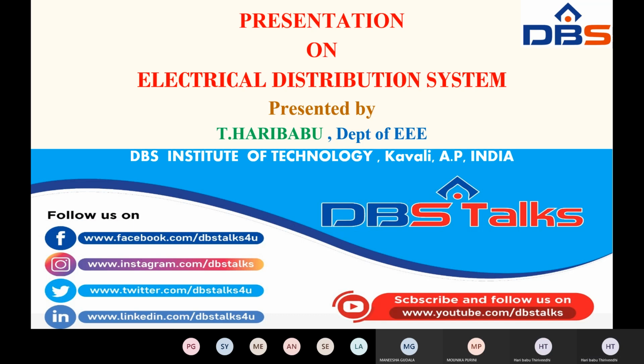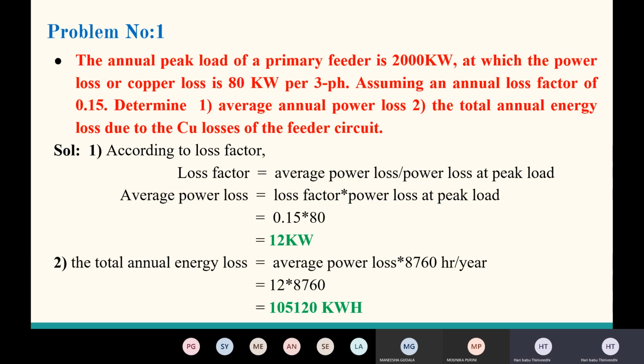Therefore, you have to substitute all the values in the diversified reactive power equation. Q is equal to P1 tan theta 1 plus P2 tan theta 2 plus P3 tan theta 3 plus P4 tan theta 4 divided by FD.